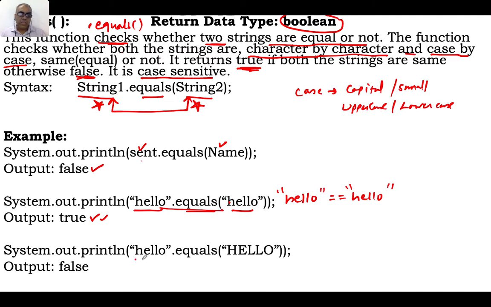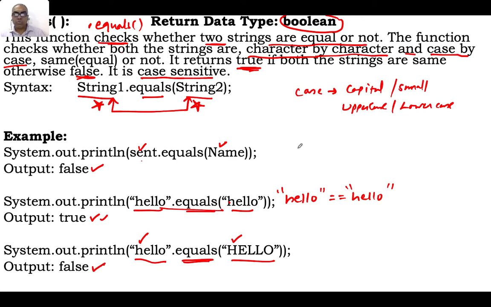Now if you look at this, here is hello, here is also hello, but they are not character by character same. H, H, E, E, L, L, O, O, but these are lowercase letters, these are uppercase letters. So equals does not recognize both of them as same, so the return value is false.